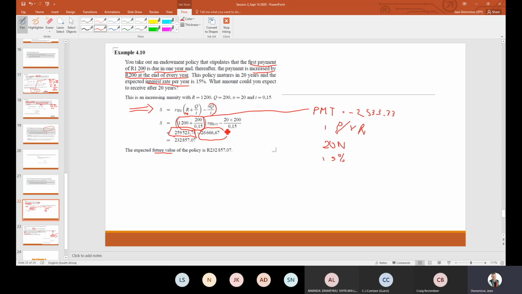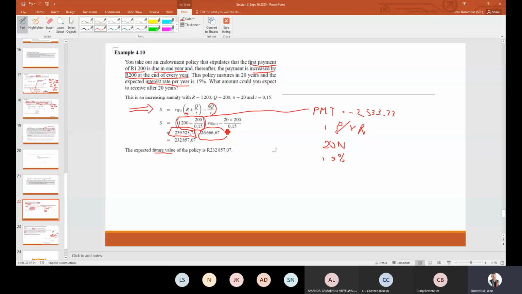So that is the 200 increase times 20 divided by 0.15, so that would have been 26,666.67. If I subtract that, I will get to the 232,857.07.